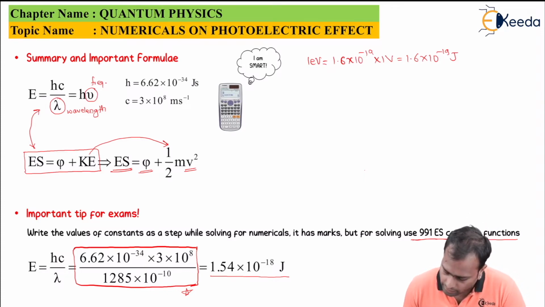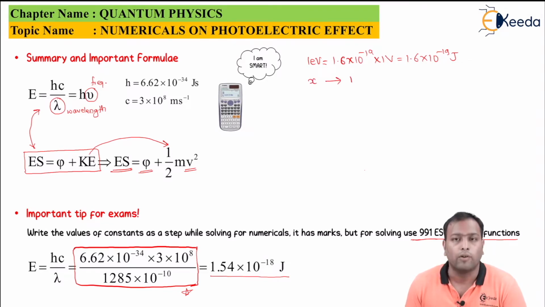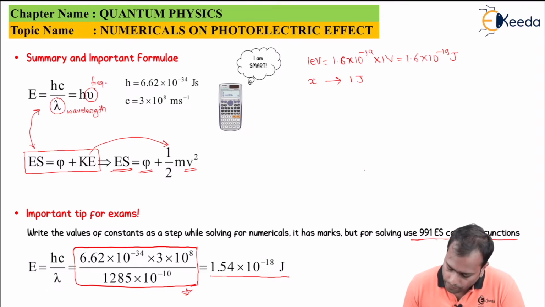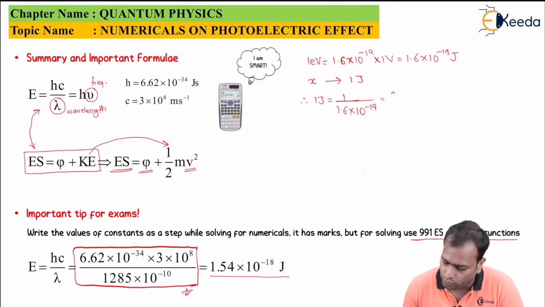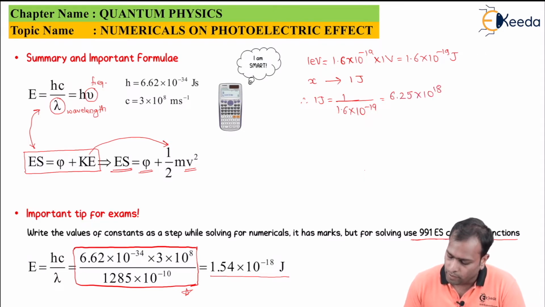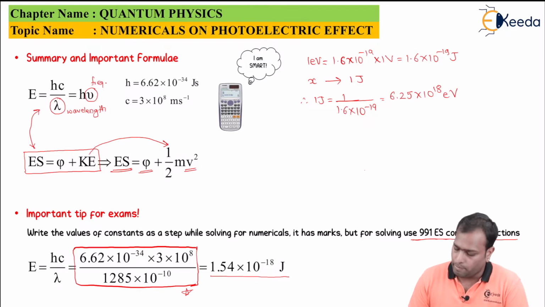Similarly, you can say x electron volt would be equal to 1 joule. Now by using the unitary method, 1 joule contains 1 upon 1.6 into 10 to the power minus 19. On solving this, you'll get a value of 6.25 into 10 to the power 18. So these are the handy values that you need to remember. 1 joule contains 6.25 into 10 to the power 18 electron volts, and 1 electron volt equals 1.6 into 10 to the power minus 19 joules.